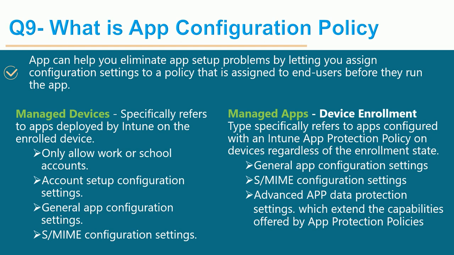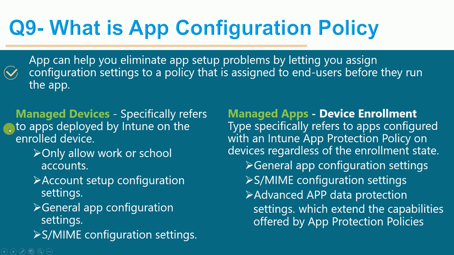So we have two types of app configuration profiles. You can create a configuration profile, and under this you will have certain options for how you want to manage the app, or how you want to install your application on the end user device. There will be two categories: managed device and managed app.